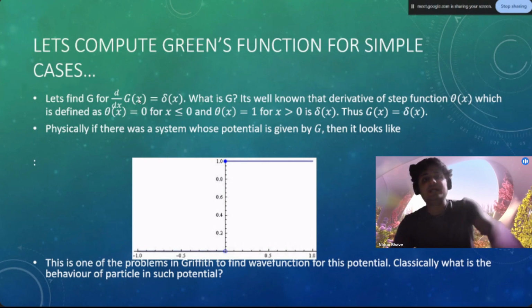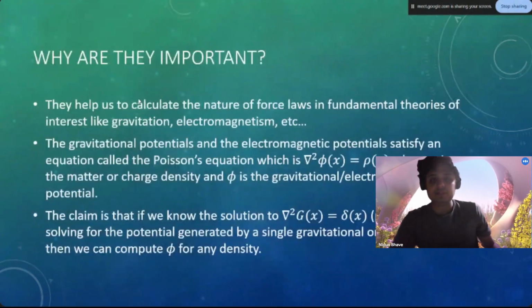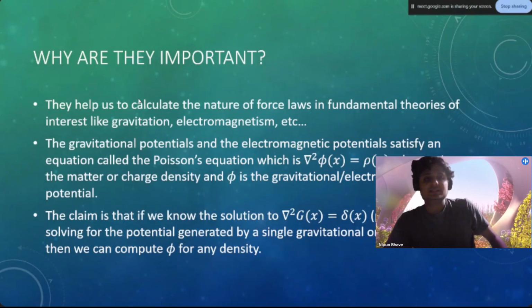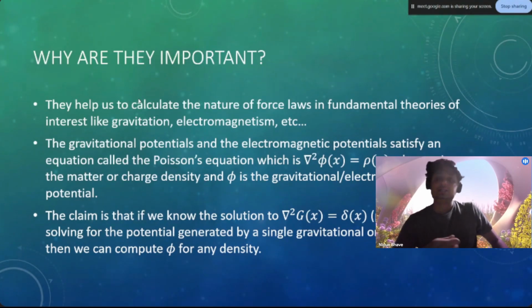So finding the inverse of that operator, like in the previous case, this del square, what it physically does is it tells you the propagator of the system. Propagator or correlation function, that's the right word.